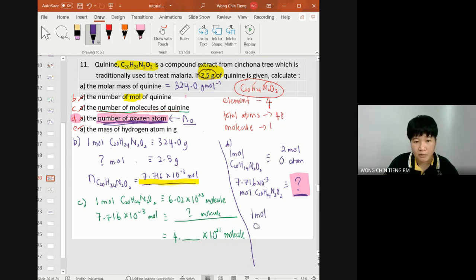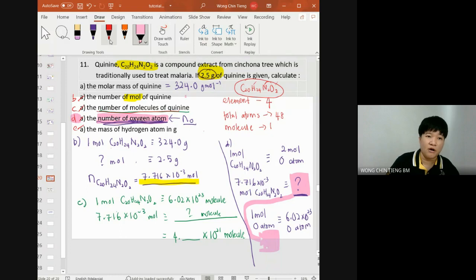Thank you. 1 mole oxygen atom, you are getting 6.02 times 10 to the power of 23 oxygen atom. So I don't have 1 mole. Obviously, I'm pretty sure I don't have 1 mole. So this number of mole will produce how many oxygen atom? This is your final answer.